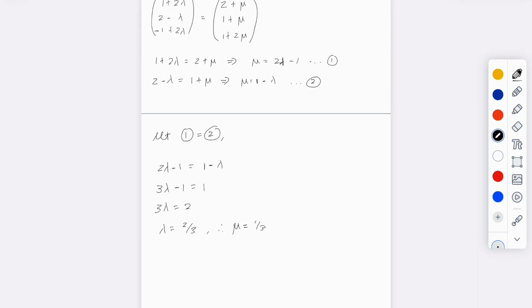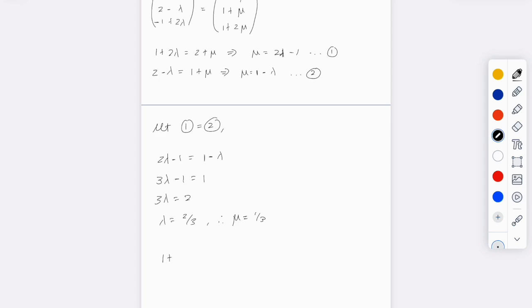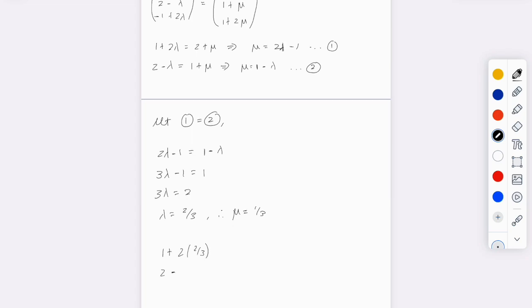So if R1 equals R, what we get is 1 plus 2 lambda. Okay, so 1 plus 2 times 2 over 3, we get 2 minus 2 over 3, negative 1 plus 2 times 2 over 3. I'm going to put a question mark here. 2 plus a third, 1 plus a third, 1 plus 2 thirds.